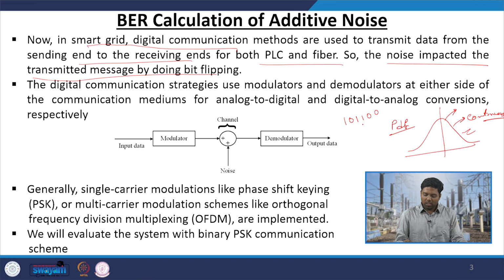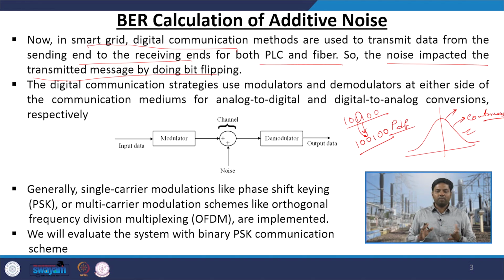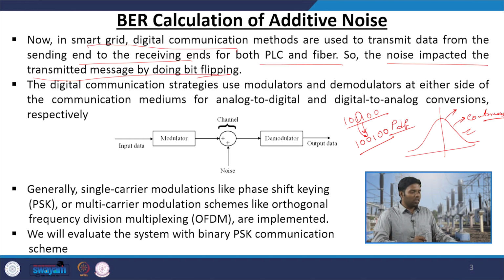The bit flipping will say that noise has been added and now it has been converted to, let us say, 100100. So, this 1 has now flipped to 0. That can be reversed, 0 also can be flipped to 1. One or multiple positions of the bits can be flipped. So, that is added as noise in a digital communication platform.